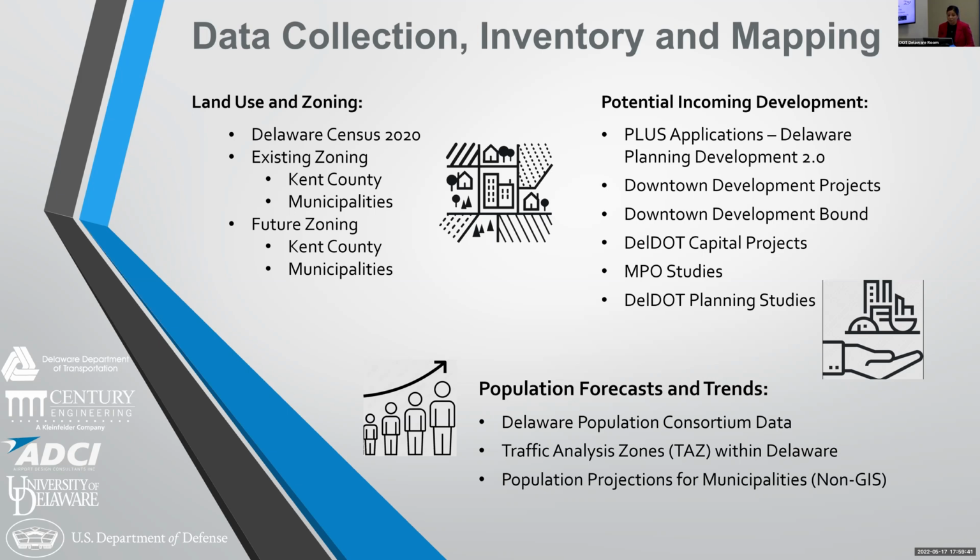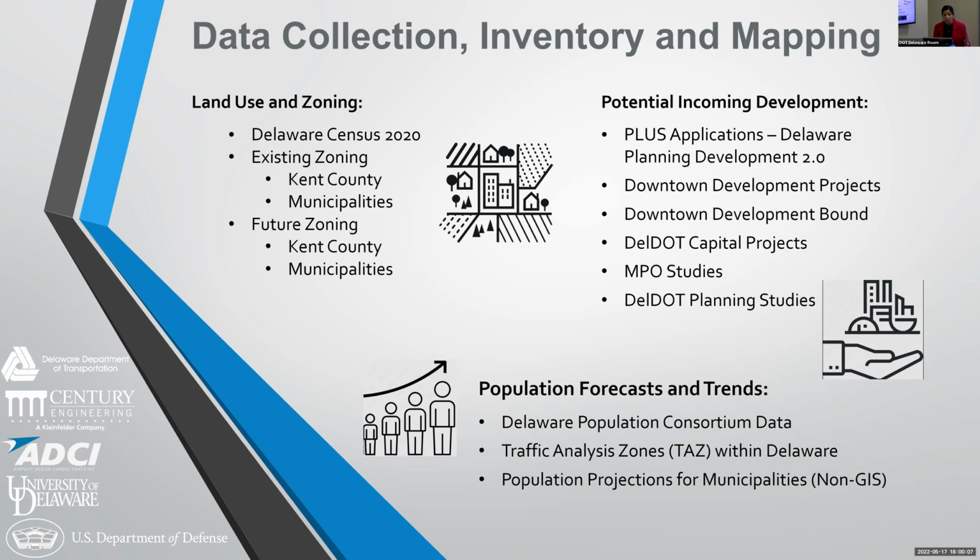So we have land use and zoning. It's very important for us to know what's the existing zoning, the existing land use that's currently out there, as well as all the approved future zoning, the potential incoming development. So, what growth and development is planned, what plans are in for review, what projects does DelDOT have in their long-term plan that are coming out, as well as MPO and DelDOT planning studies.